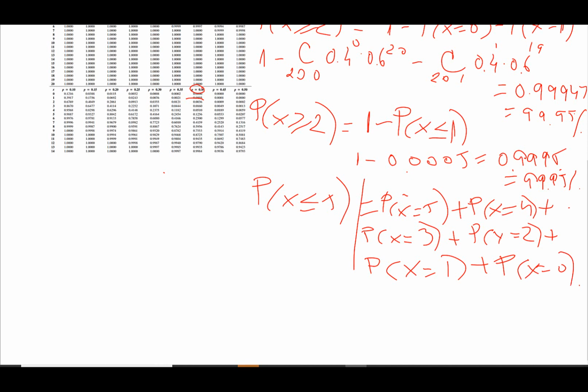We can see that it's a bit more to calculate. So we have in this equation to calculate 6 probabilities and put them together.